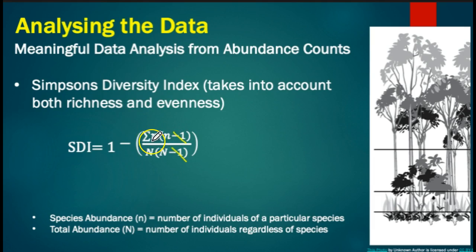But I don't just count up their abundance, I actually square the abundance. So it's little n times little n. And on the bottom, I have the number of individuals for all of them, regardless of species. So how many individuals are in the entire quadrat area that you're sampling. And again, I square them, I times them by each other.